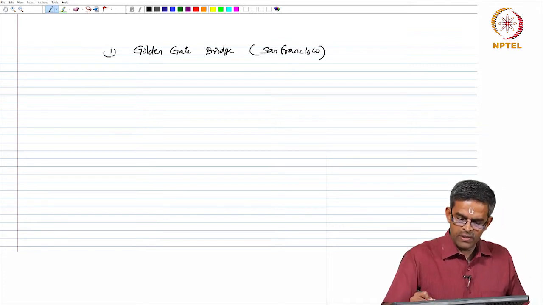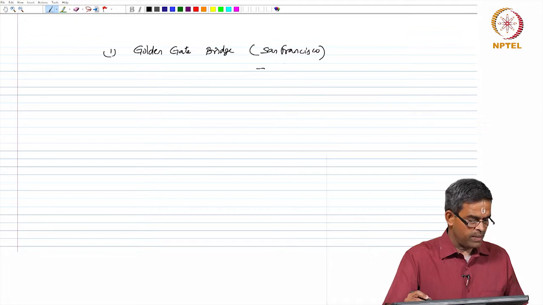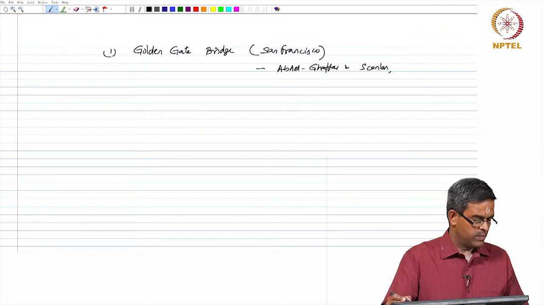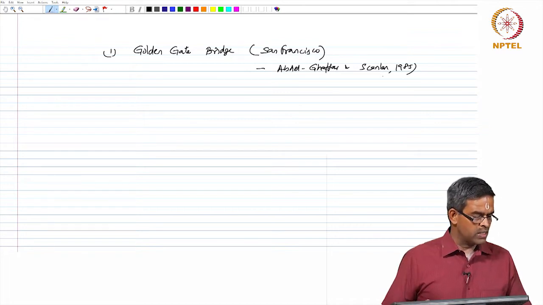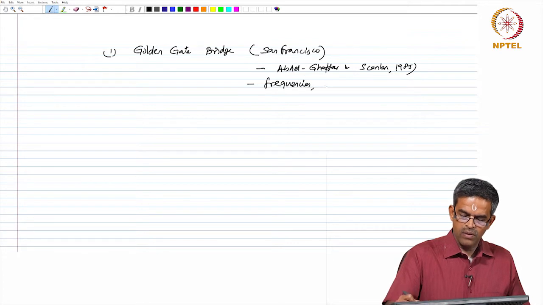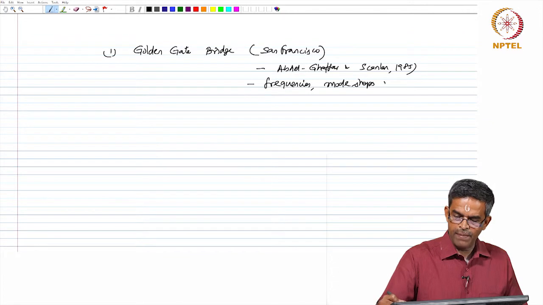You can have a very interesting study on this referred by Abdul Ghaffar and Scanlan, 1985. We have used wired sensors. They measured frequencies, mode shapes and damping ratio of the bridge.